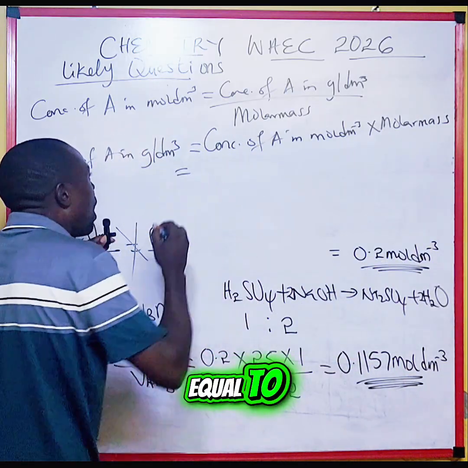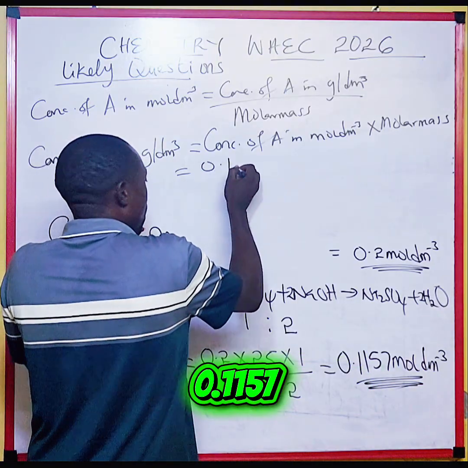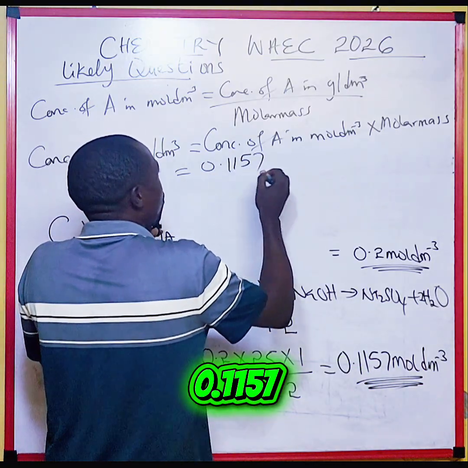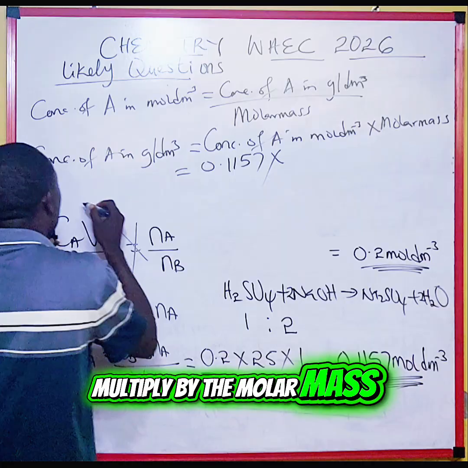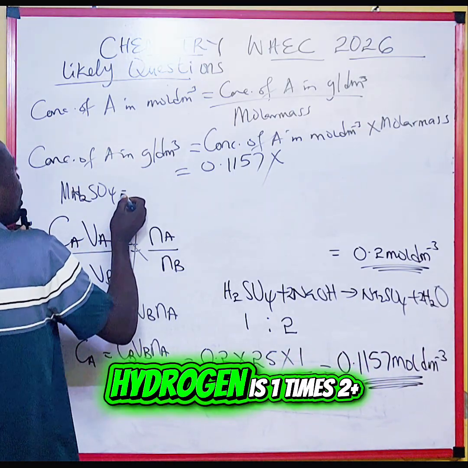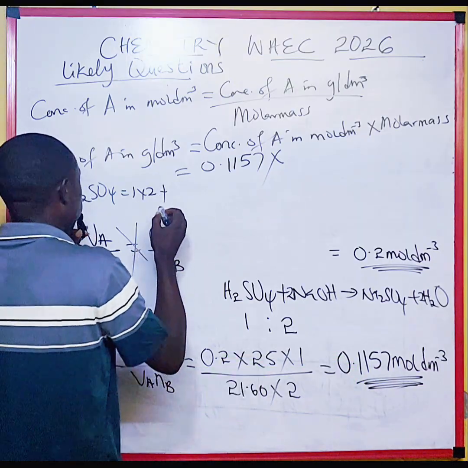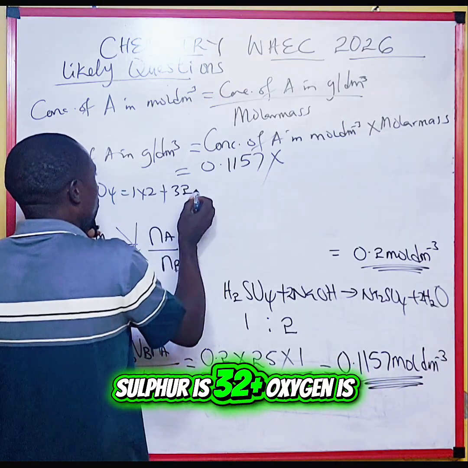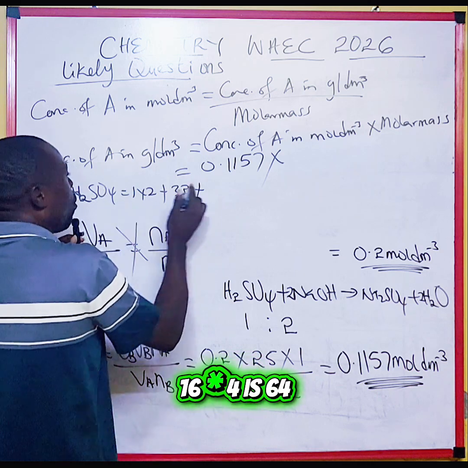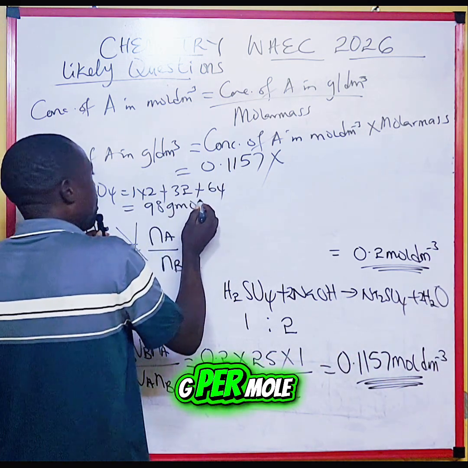So it will now be equal to, we already have our concentration of A to be 0.1157 multiplied by the molar mass of H₂SO₄. Let us calculate it here. Hydrogen is 1 times 2 plus sulfur is 32 plus oxygen is 16, 16 times 4 is 64. Altogether will give me 98 gram per mole.